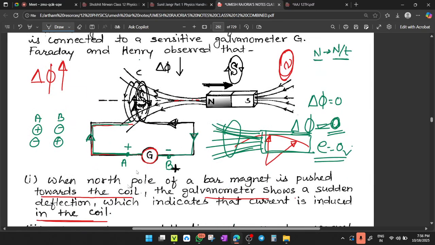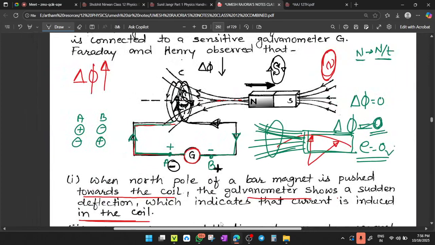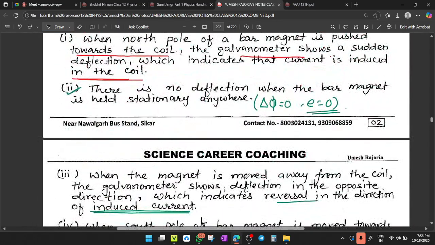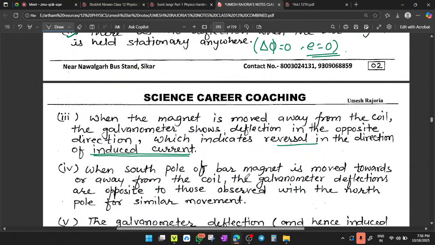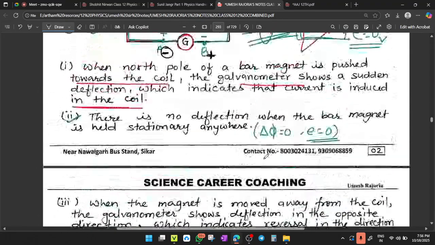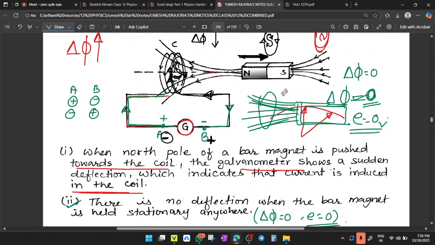So here it will be plus and here it will be minus. Understood? Yes. So on reversing the direction of motion of magnet, the polarity of current is also reversed. Now the galvanometer will deflect in another direction.